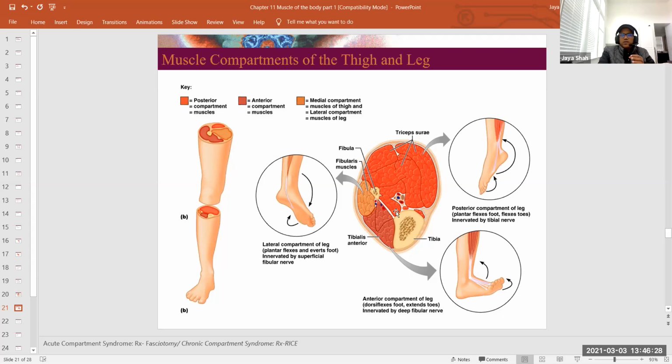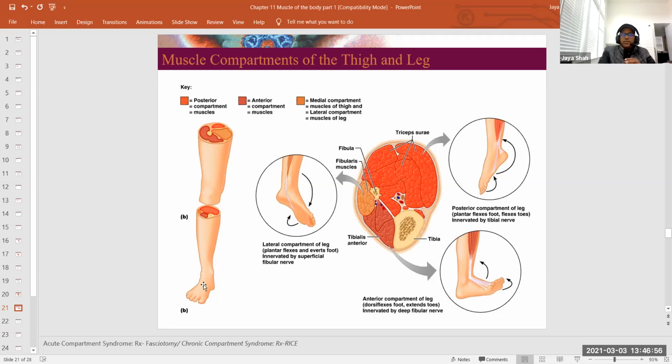This is the dense fibrous connective tissue covering these muscles. The swelling can only go so far. After that, the artery, vein, and nerve start compressing. And once compressed, blood from here will not come down to the lower part.